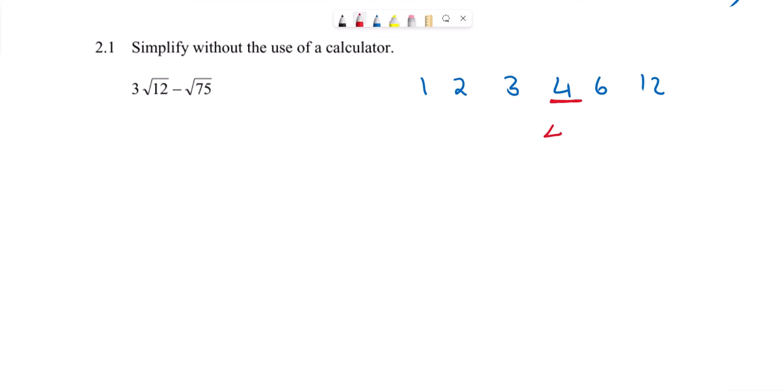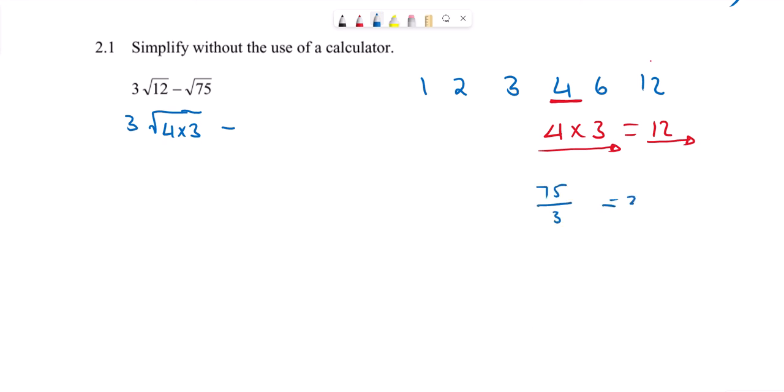Now we take 4. For us to get 12 from 4, we must multiply by 3. So this is the same as 12. So instead of 12, I'm going to write this. Okay, so that will be 3 square root of 4 times 3, minus the factor of 75. The hint here is that take 75, you divide by 3, you're going to get 25.